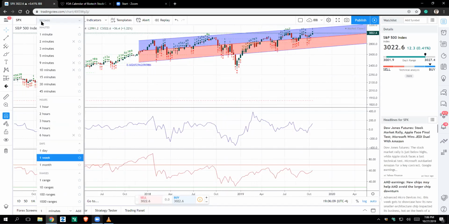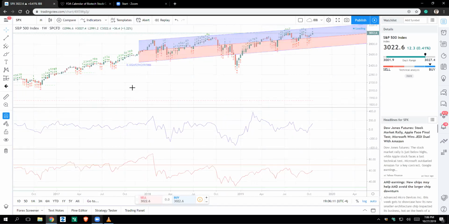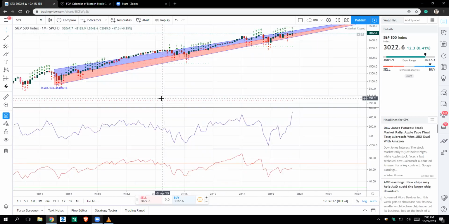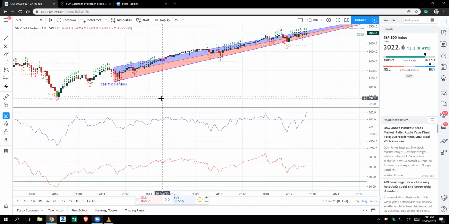So here I'm looking at the S&P 500. Let's look at the monthly chart. Here, since 2009, we have a very good channel, essentially an uptrend. This was a 2010 correction, and then this correction again, where it hit the bottom of this channel, went up beyond the upper range, and came back.